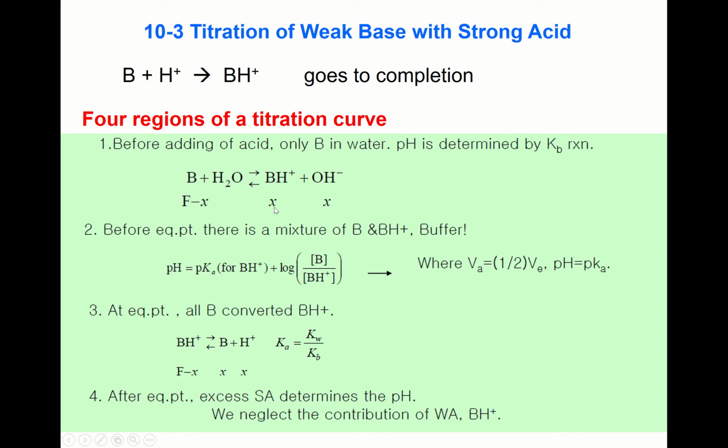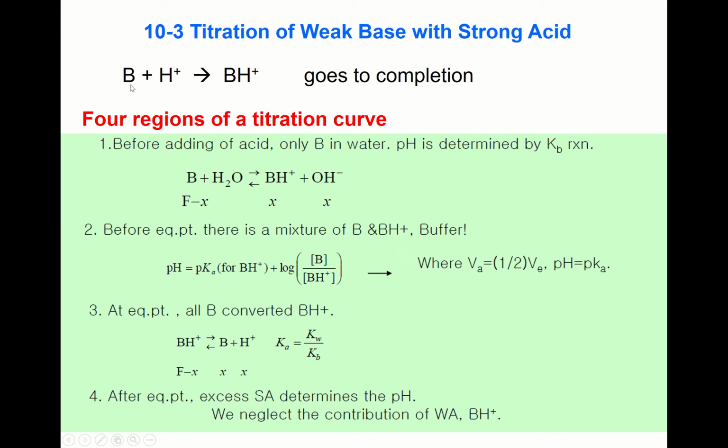Now we put x for the produced hydroxide and BH plus concentrations, so we can solve this equation. And the second region is before the equivalence point. In this case, there is a mixture of B and BH plus.